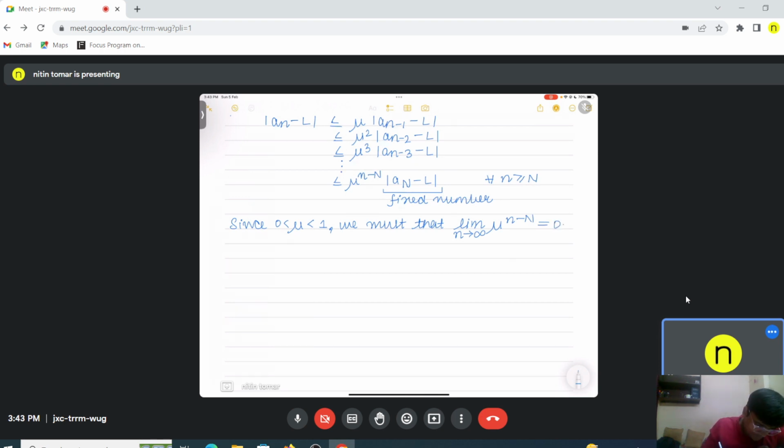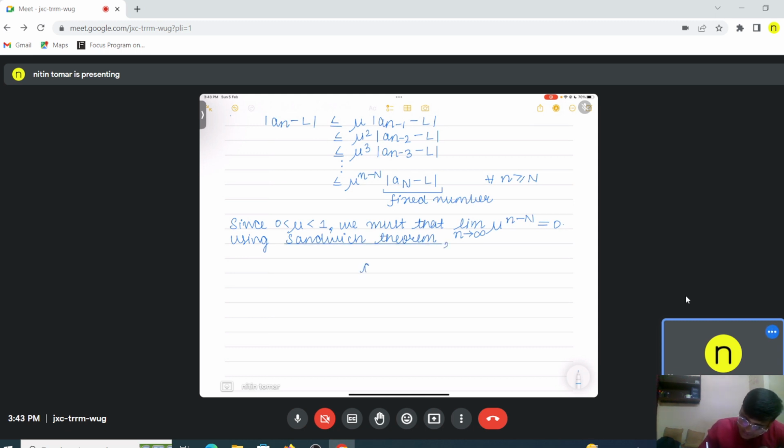So using the sandwich theorem, what does the sandwich theorem say?